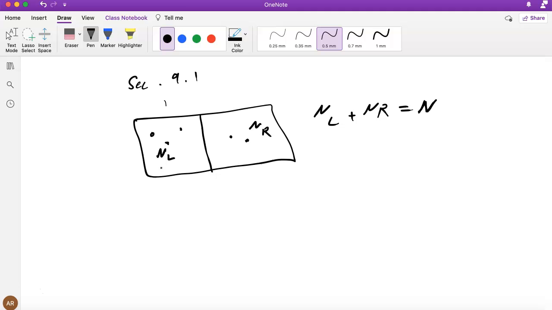If you just think about the air molecules inside a room, most of the time, pretty much all the time, basically like any small box you put in that room, roughly the number of molecules in that box is going to be proportional to the volume of the box, right? So if you take half of the room, roughly half of the air molecules are going to be in that half. But why is that, right?